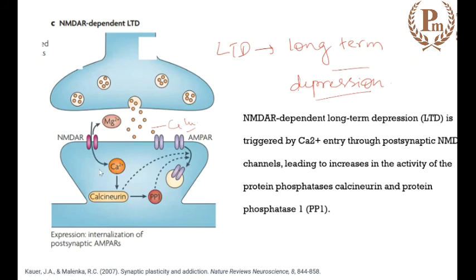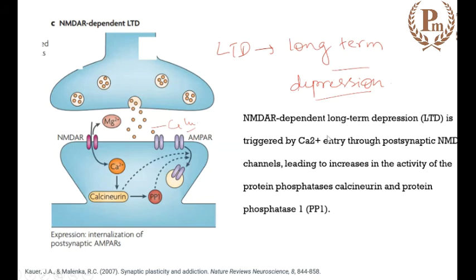This happens if there is a moderate influx of calcium ions. In the case of potentiation, this moderate influx of calcium ions had the option to bind with CaM kinase 2 and cause the insertion of AMPA receptors, and so cause a long-term potentiation effect.